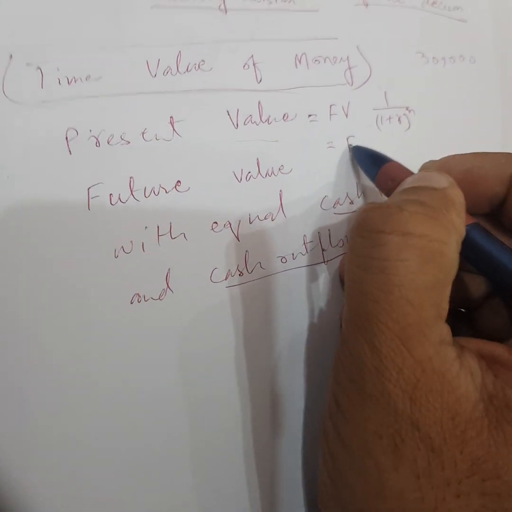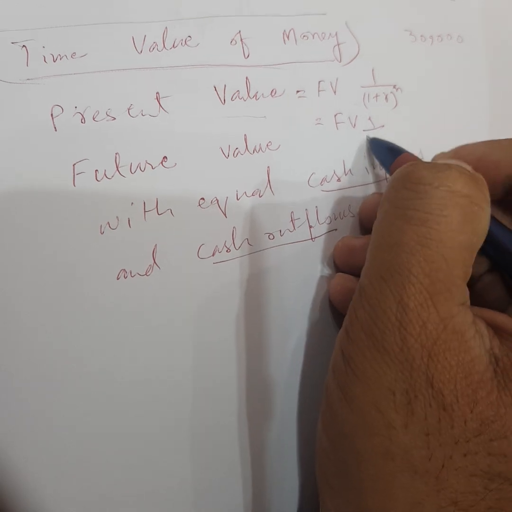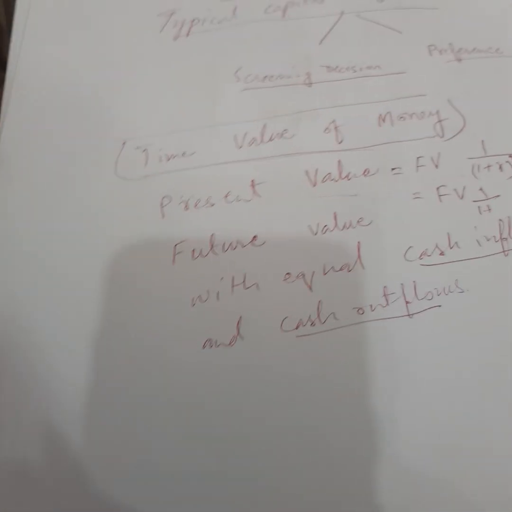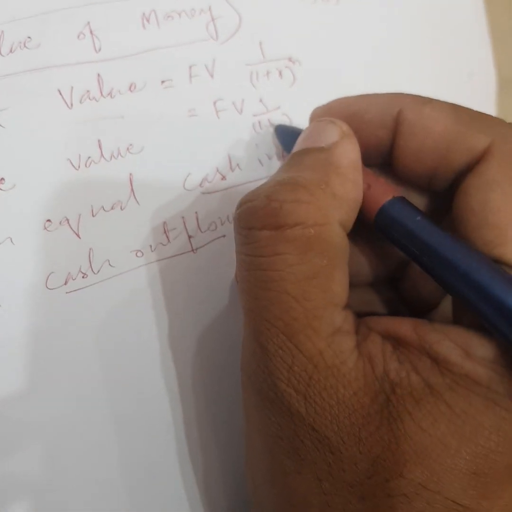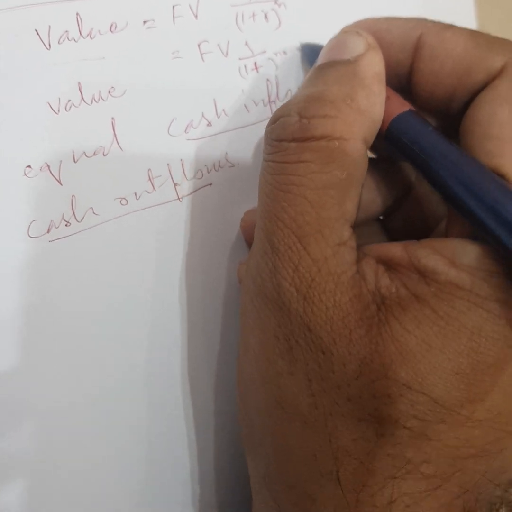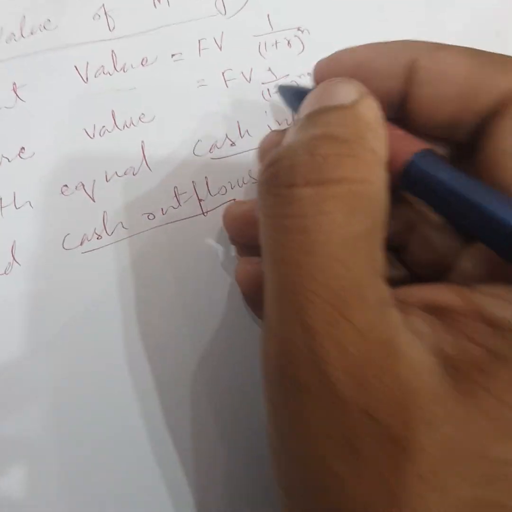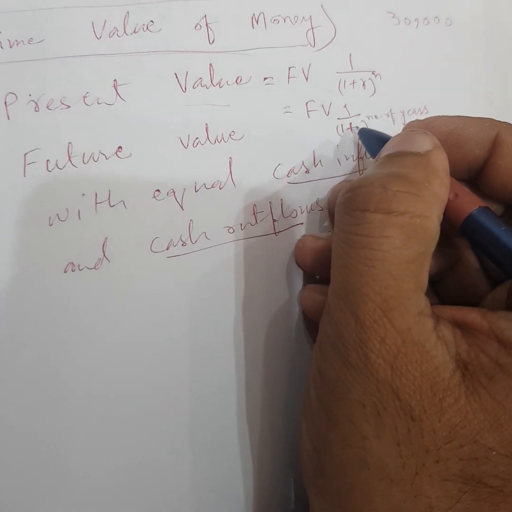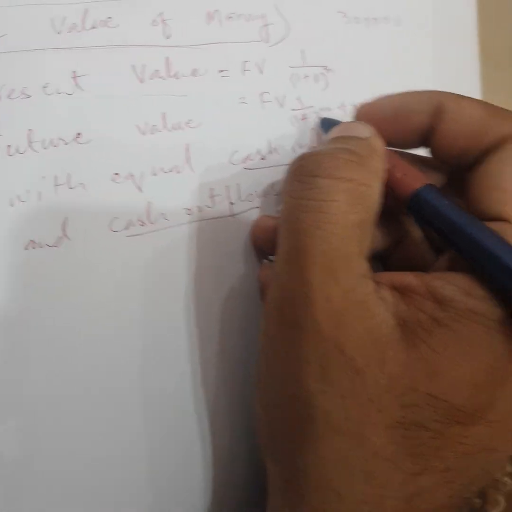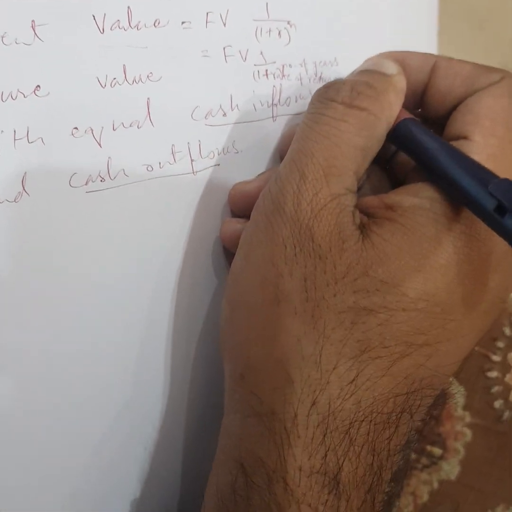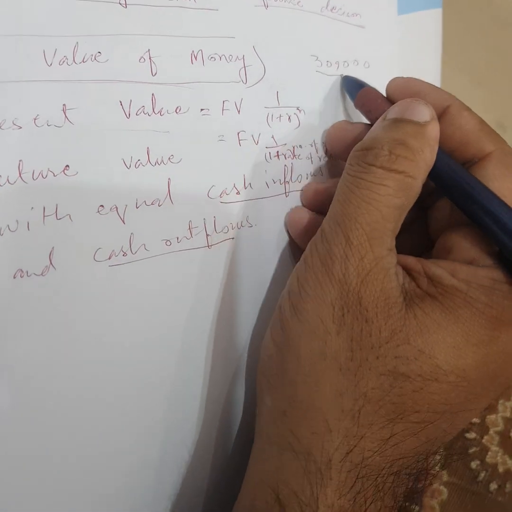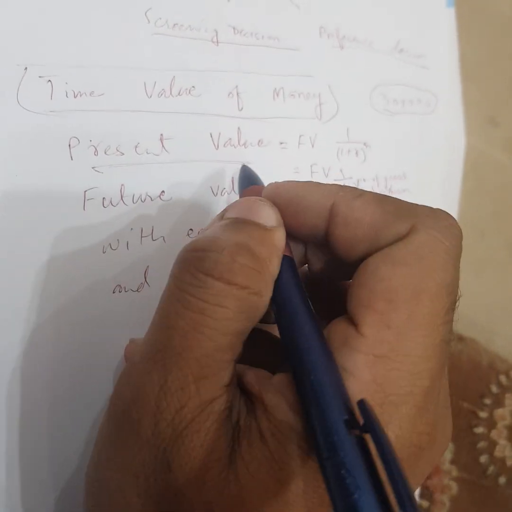For that purpose, we will decide the number of years of our investment, and the rate of return being offered will be written here. Then we will be able to know the present value of the 30,000 return.